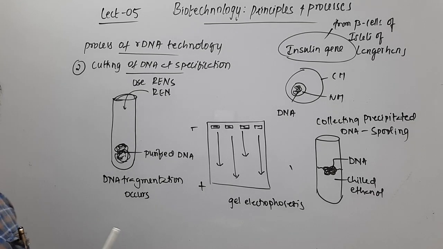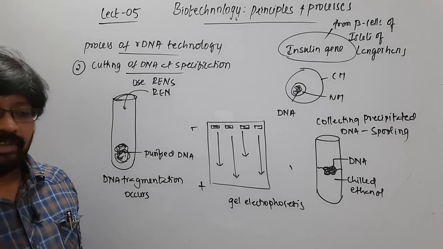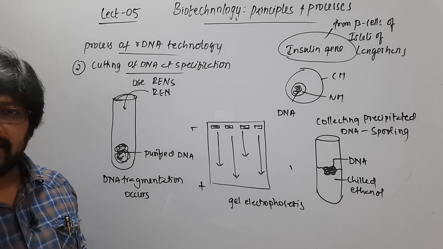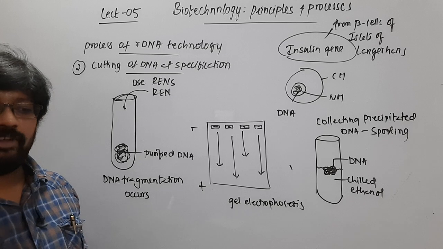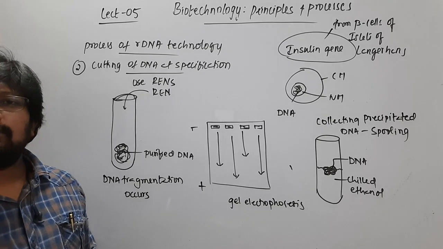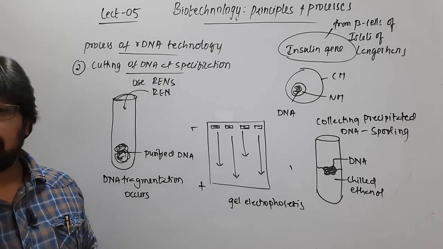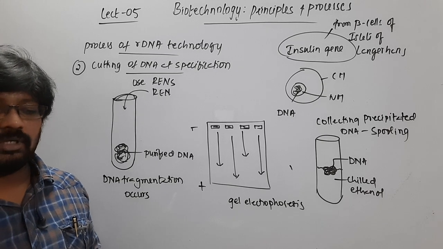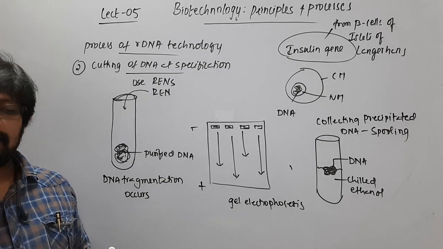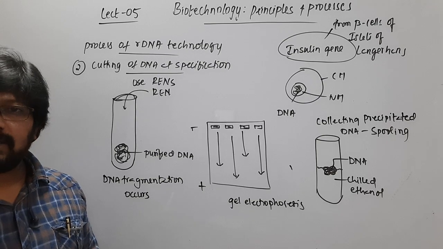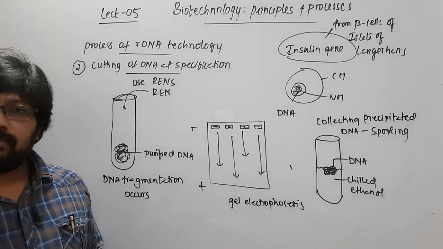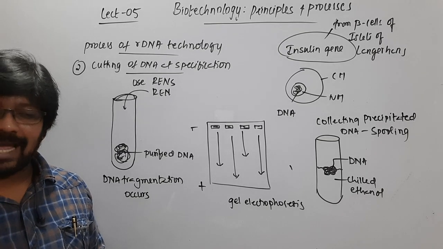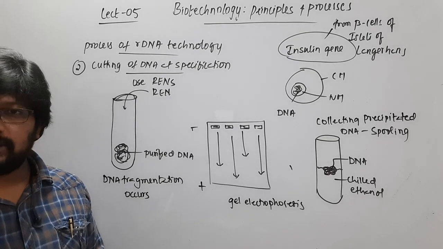All those fragments we have obtained will be linked with a plasmid, and those rDNAs will be put into the bacterial cells or the host cells and allowed to multiply, so that they can express the linked gene, and we will come to know which fragments of the DNA have which genes.